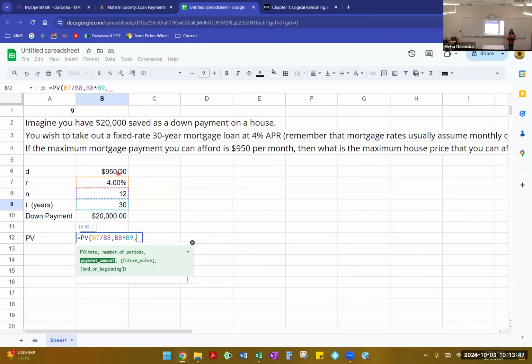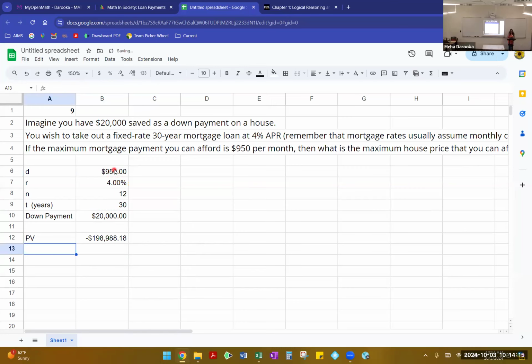Then your payment amount, which we know we can do a maximum of $950. And then of course, since this is a loan, your future value will be 0 because you're going to be paying it off at the end of 30 years. So I'm going to leave that up for just a second, so you guys can see the values I've typed in there. So again, remember your rate is R divided by N. Your number of periods is N times T, and then your payment amount, and then of course, future value will be 0.